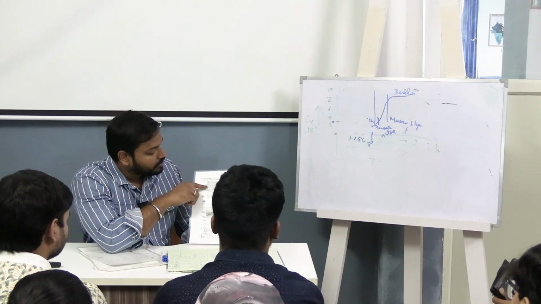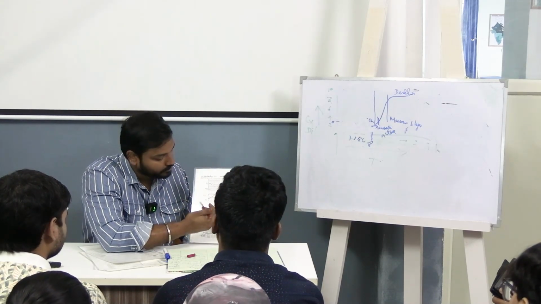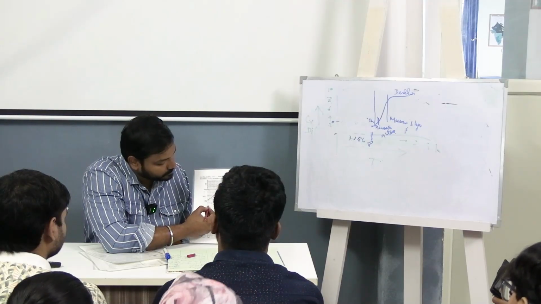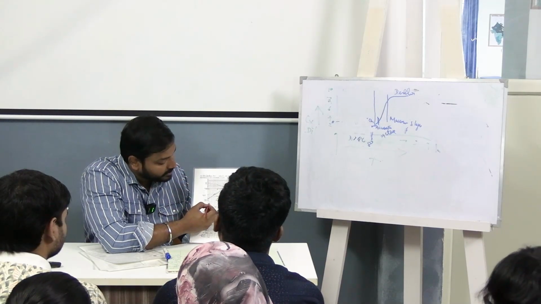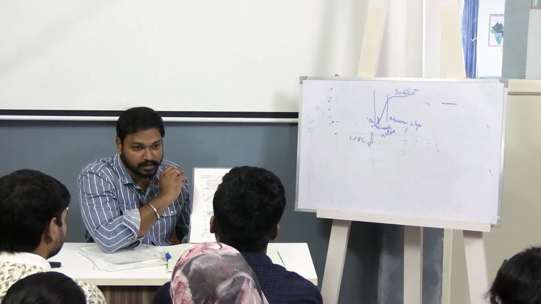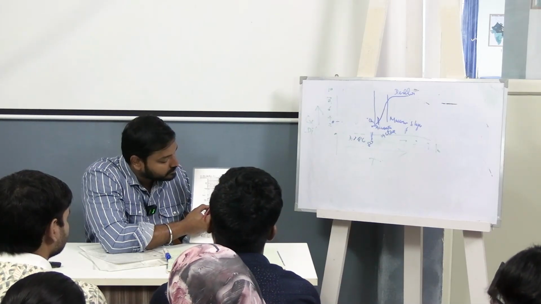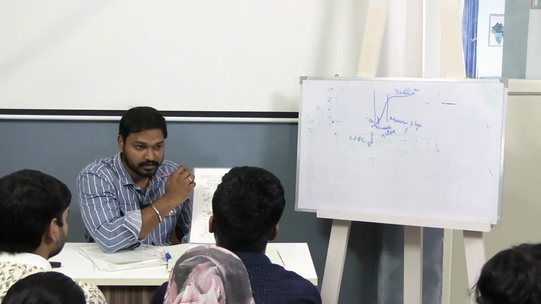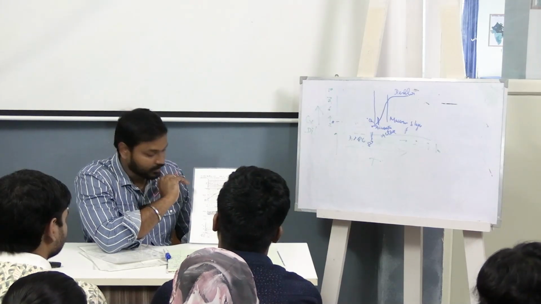Okay, so this one box, this small box, it is half an hour. This two boxes together is 1 hour. This is 1 hour, this is second hour, this is third hour, this is fourth hour. So you should know that one small box is 30 minutes.